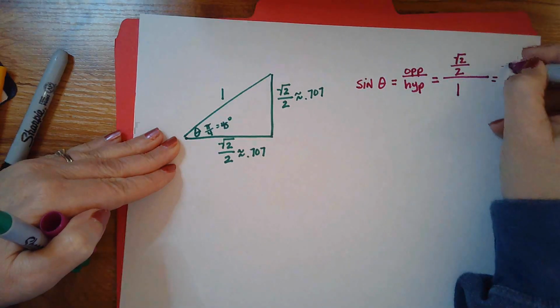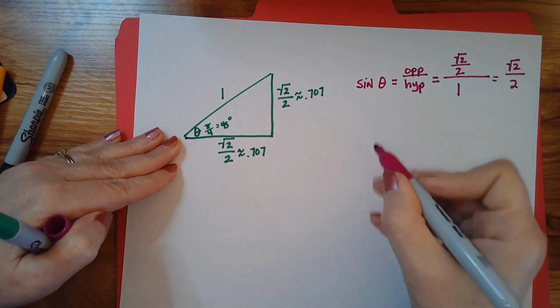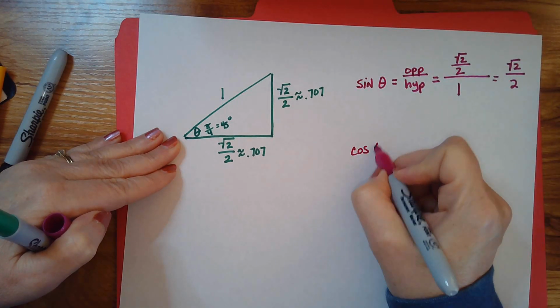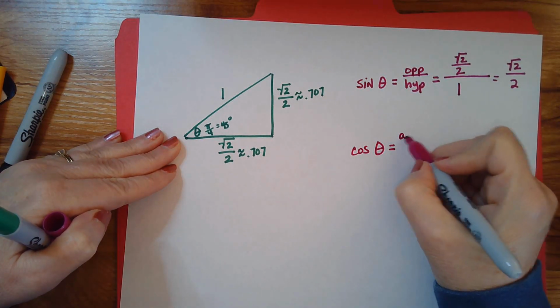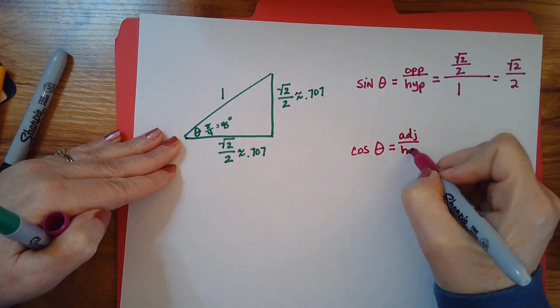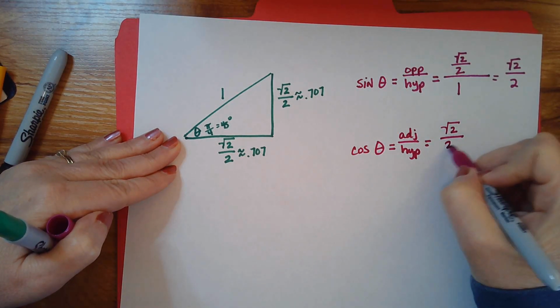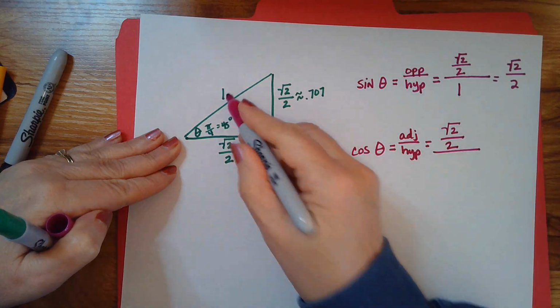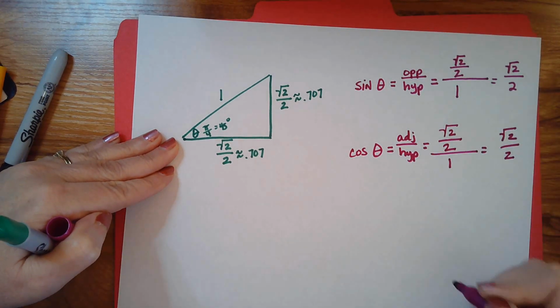And that's going to reduce to simply root 2 over 2. Okay? How about cosine of theta? Well, cosine is going to be adjacent over hypotenuse. And your adjacent is root 2 over 2 divided by your hypotenuse, which is 1. So again, this is root 2 over 2.